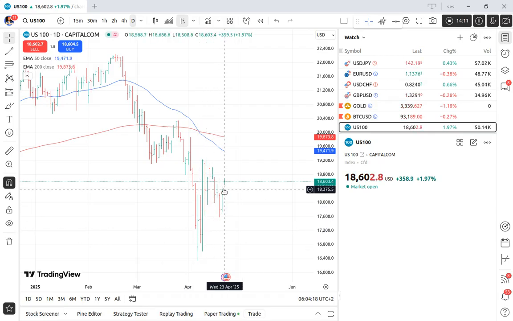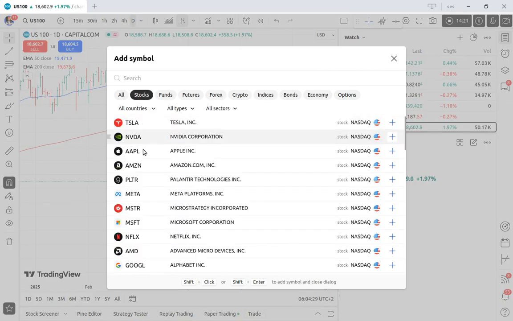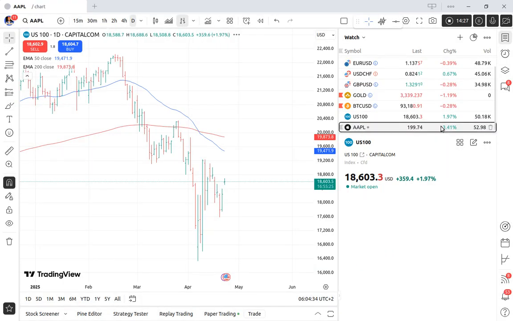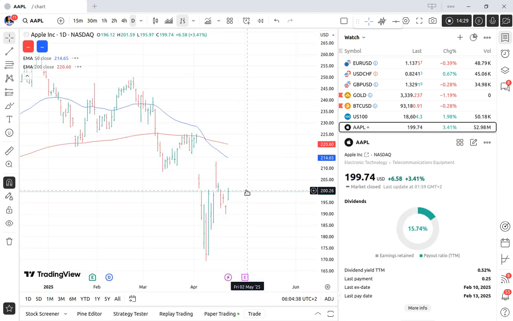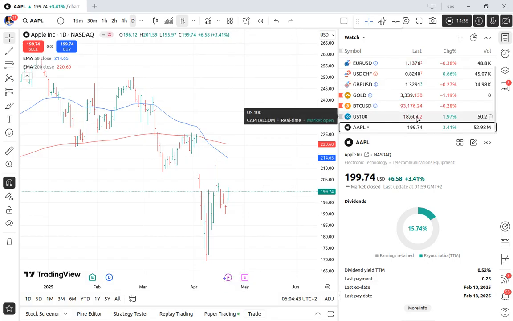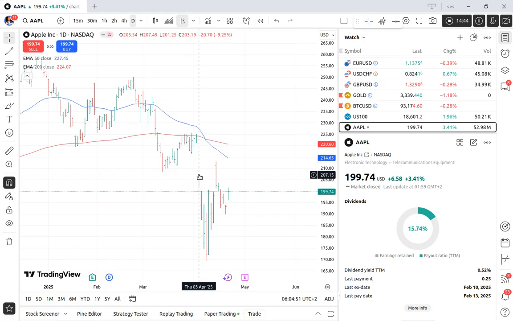I believe this is a perfect time to buy the Nasdaq, or you can also buy Apple. Apple follows the exact same pattern as Nasdaq, but I must warn you that Apple is very, very volatile, but it does follow the Nasdaq.